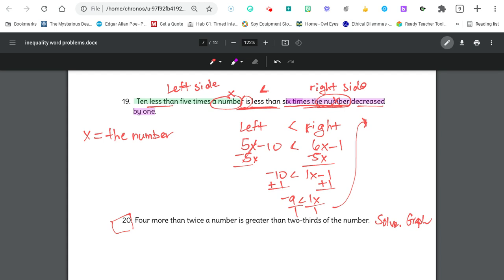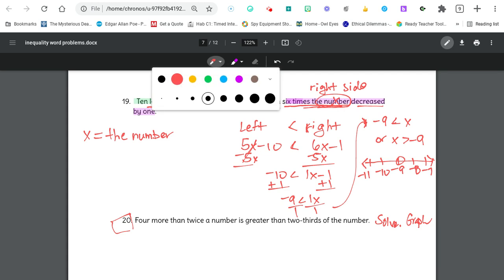Negative 9 less than x, or x greater than negative 9. So any number greater than negative 9 will work, guys. Negative 8, negative 7, and so forth. And I'm going to shade because it could be anything in between. Let me shade this in black.